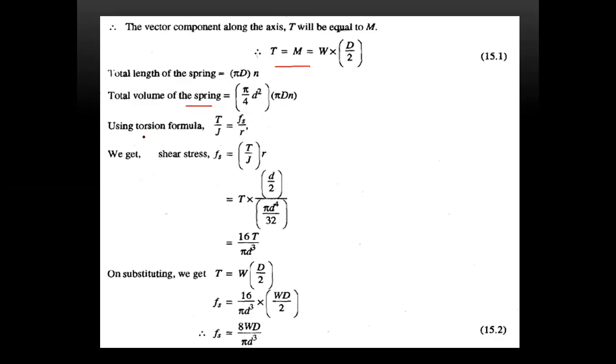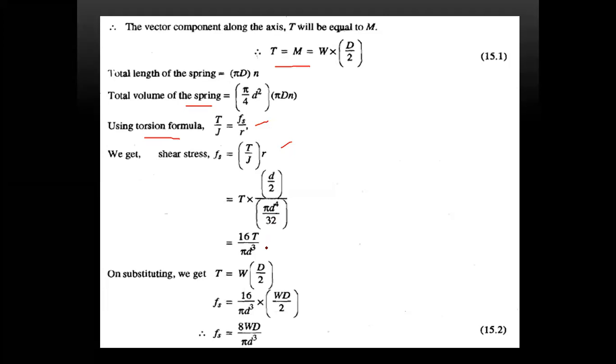Next, using the torsion formula, T by J is equal to Fs by R, where Fs is the shear stress. So Fs is equal to T by J into R. What is R here? T into d by 2, by J. What is J here? J is pi d to the power 4 by 32.